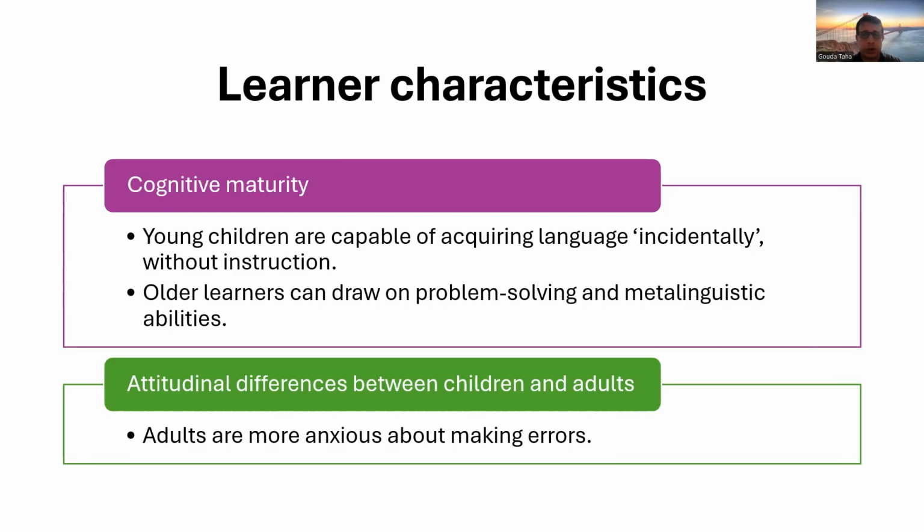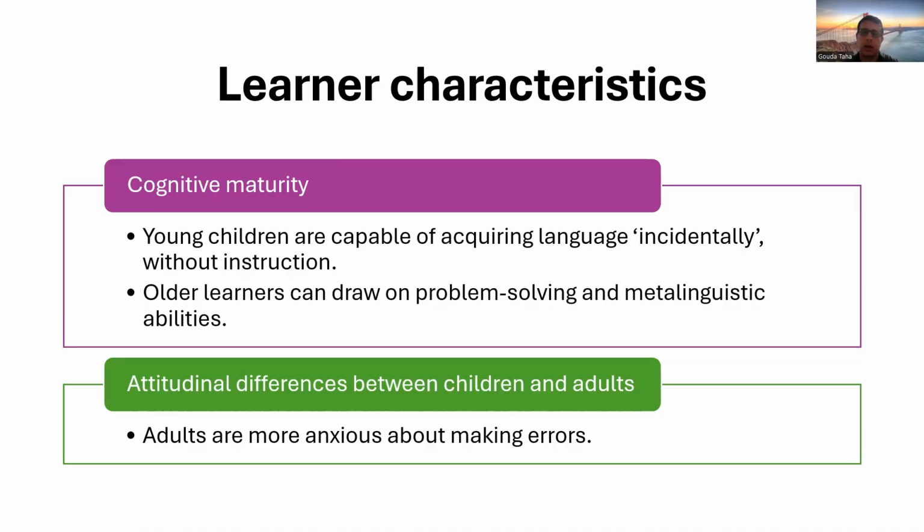The older learner can draw on problem-solving and metalinguistic ability that they bring to the language acquisition process. So here, the second language learner, especially in the field of second language, has a lot of cognitive maturity compared to children.